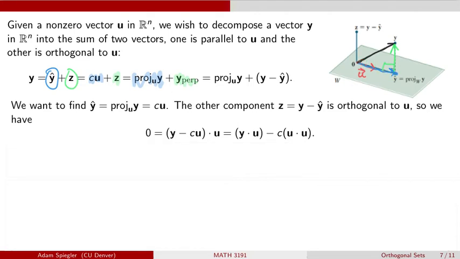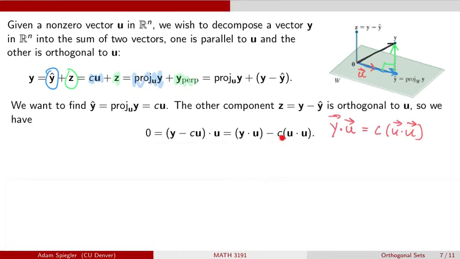And now we can use properties of dot products, namely to say that if I've got y minus c times u inner product with u, we can write that as y inner product with u minus the scalar c times u inner product with itself. So this gives us this equation.